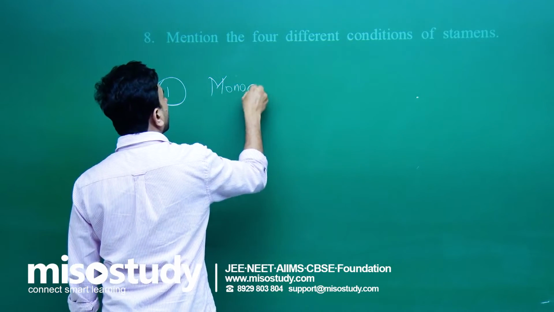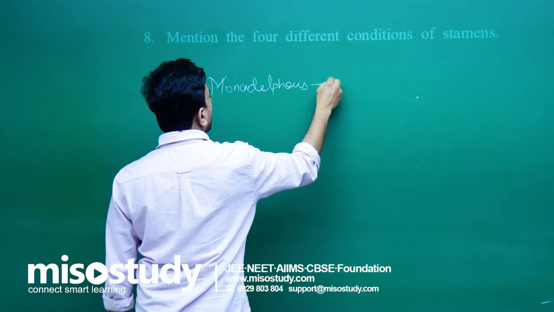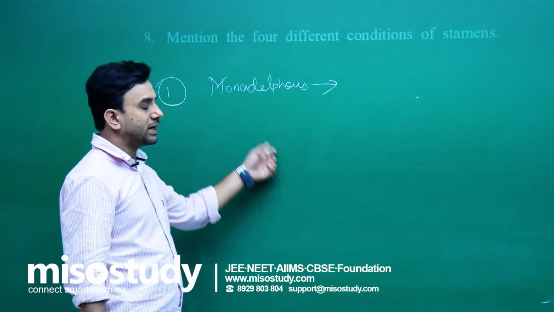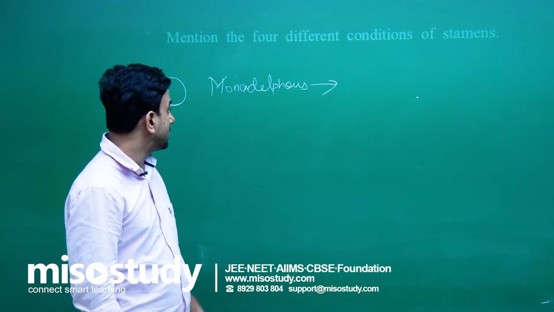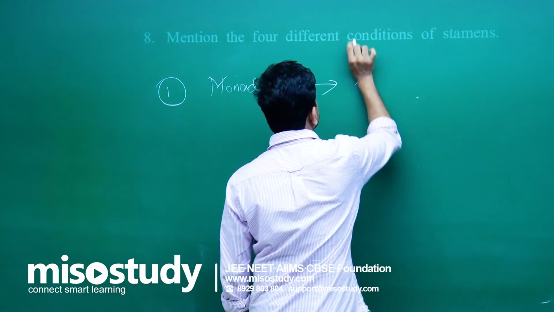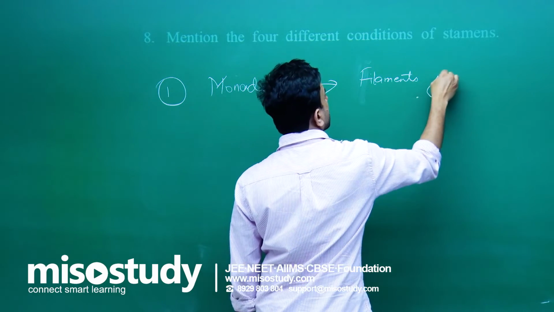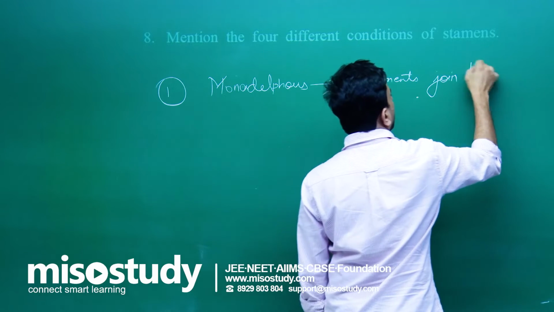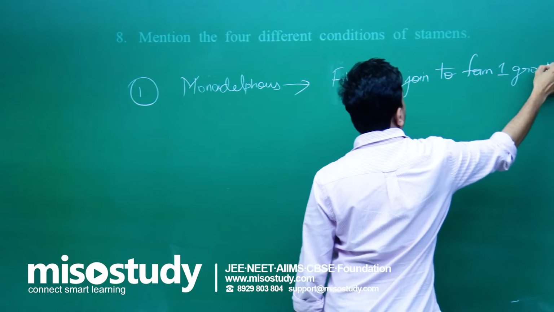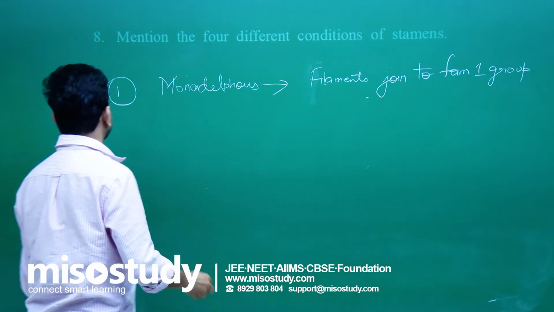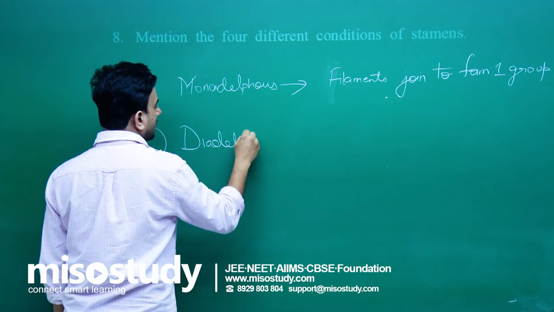Mono means one, adelphous means brotherhood. Here filaments join to form one group. This is the monoadelphous condition.